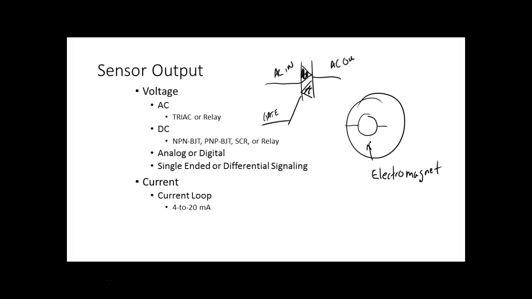So if you got a sensor that makes no noise at all when the simulated contacts go through, then it means that sucker's using a triac. If it's DC, it's going to be something called a transistor, either NPN or PNP, and we'll have to learn about those too. Triacs would be for AC, and transistors would be for DC.